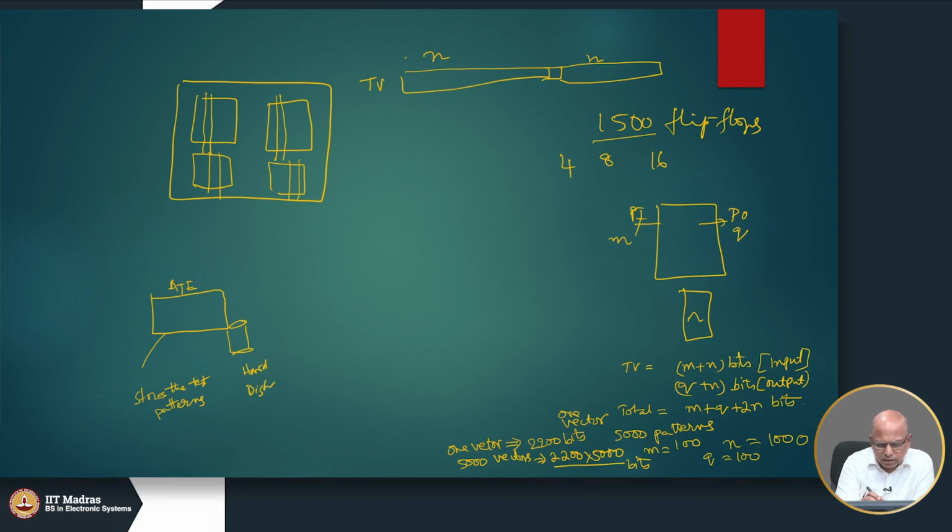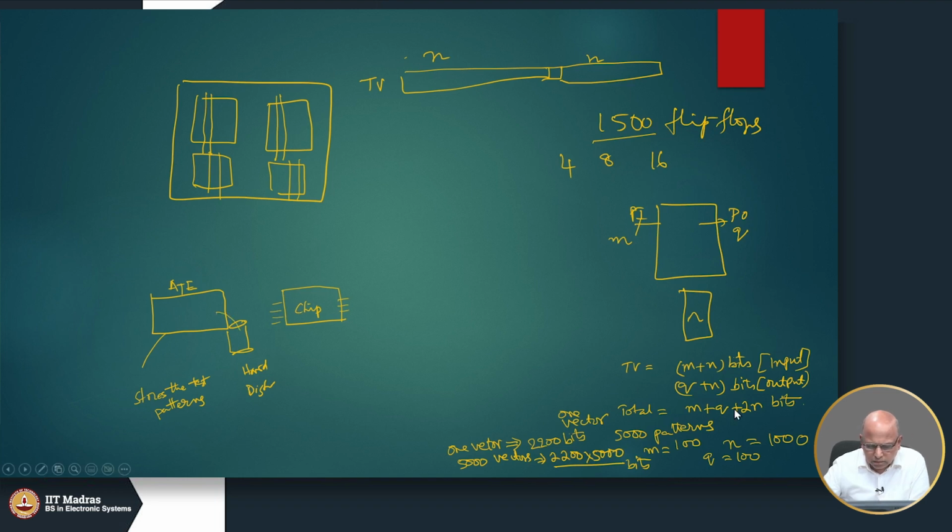Okay. And see, when you apply the test vector, so here is a chip. We have to apply the scan tests at a much faster rate.